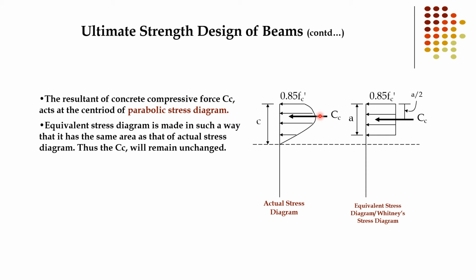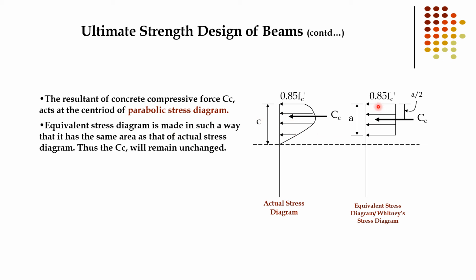CC will act. Now, the equivalent stress diagram is made in such a way that it has the same area as that of the actual stress diagram. Thus, CC will remain unchanged. Its value will remain unchanged, but its location will change. CC will remain the same because we do not reduce the area under the curve.